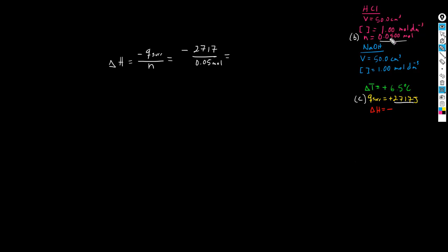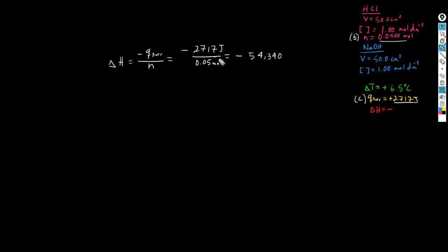Let the question guide you. Notice we had already found what we need. When you get lost, look at the prior parts of that question, because a lot of the time they'll help you figure out what you need to do. So negative 2717 divided by 0.05 moles gives us negative 54,340.